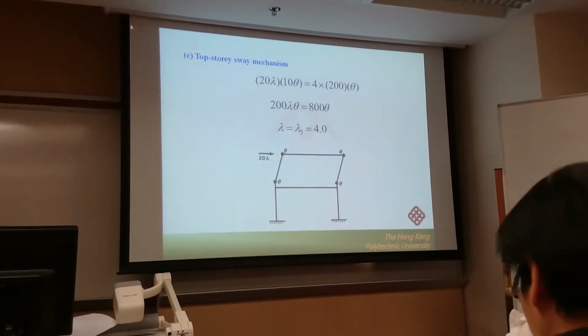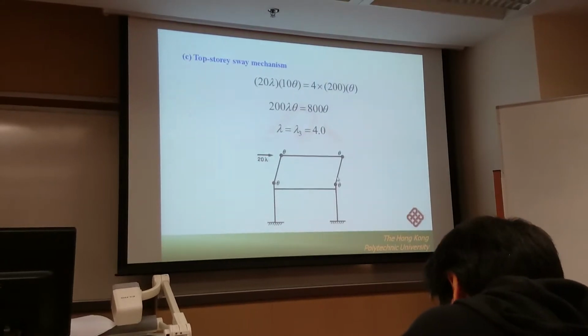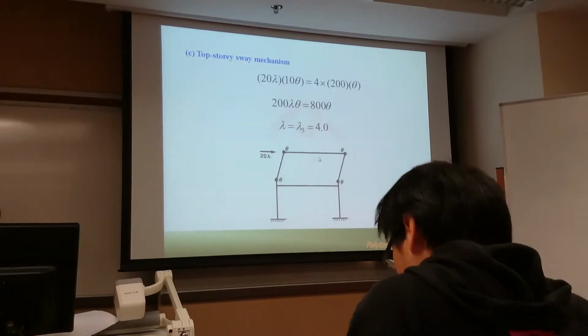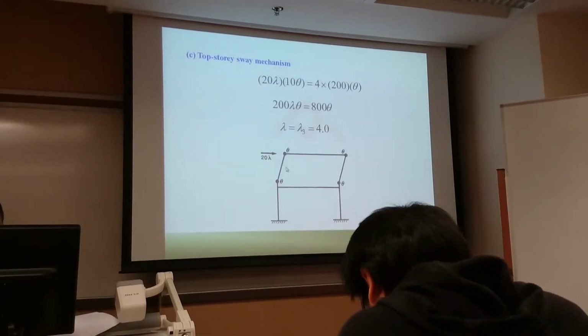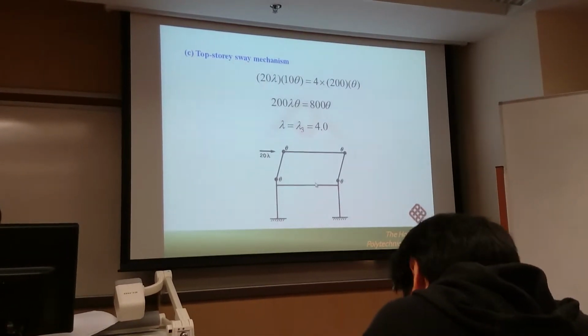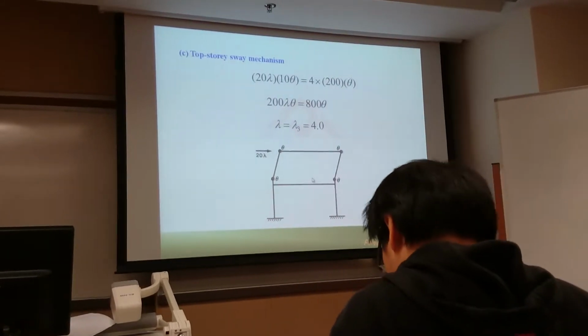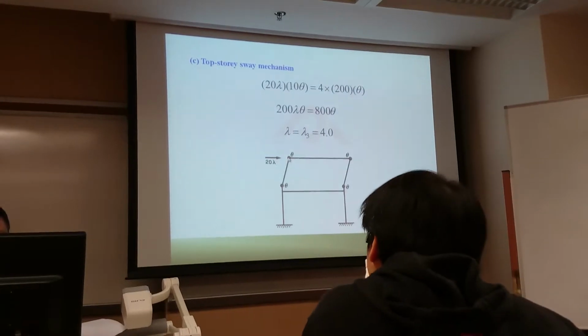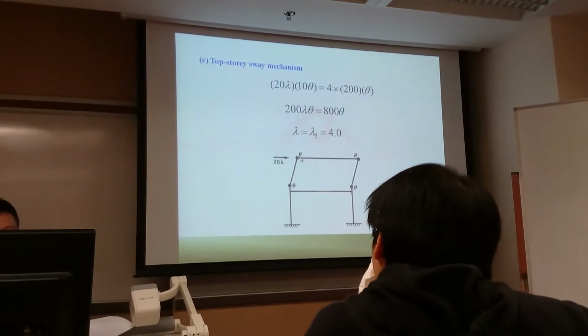So please understand the difference. But in this case, of course, they are the same, because for different members the plastic moment is a constant value. But when you have a different plastic moment for different members, please understand the difference. For a two member connection, you just need to select the lesser value.